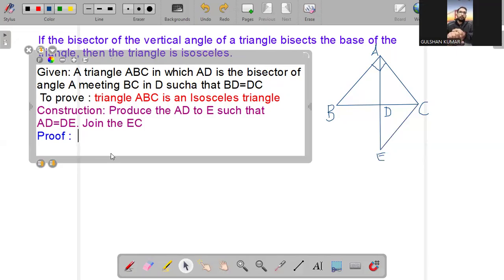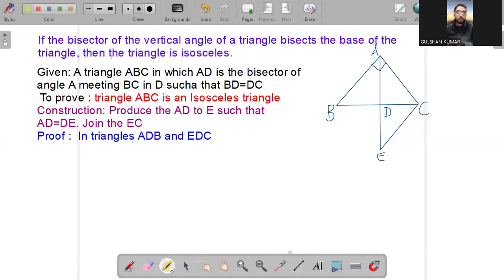How will we prove it? We consider here triangles ADB and EDC, this one and this one.